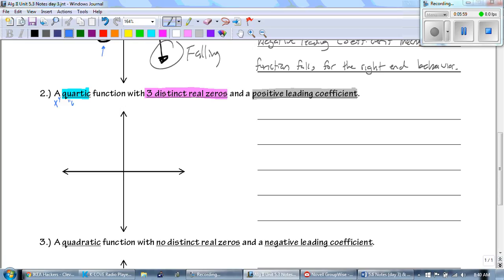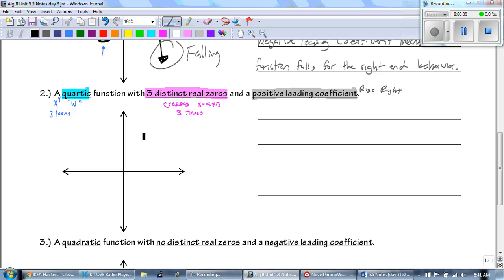We call that the W. Now, the 3 distinct real zeros, once again, that means that it crosses the x-axis 3 times. My positive leading coefficient means that we're going to rise to the right.